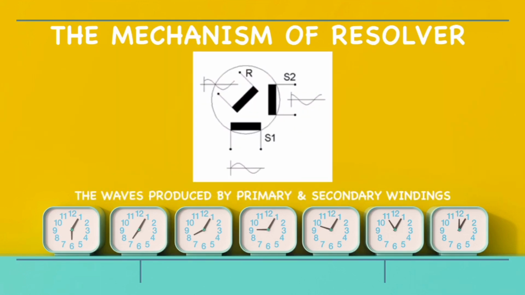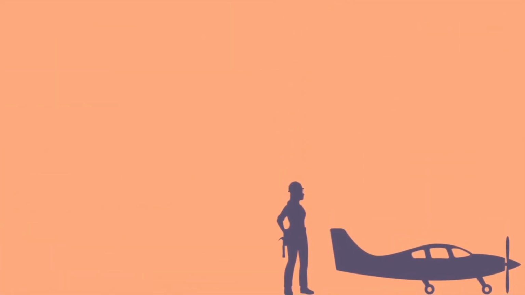This phenomenon could happen if the input voltage is being processed by the sine and cosine winding. The sine and cosine winding will work when the position of the rotor's angle towards the stator is changing.